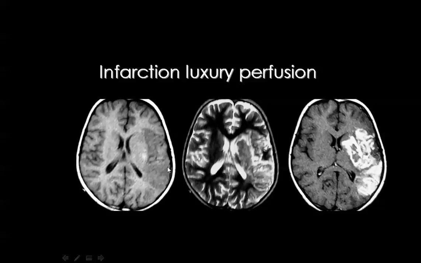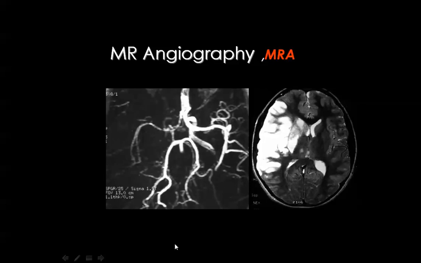In the T1 weighted image, you see an infarcted area of low signal, and in the T2 it's high signal apart from this area of dark signal, which represents hemorrhage. The dark signal in the T2 and the intermediate signal in the T1 represents acute blood, and this is the hemorrhagic infarction. After injection of contrast, you see this extensive enhancement, which is known as gyral pattern of enhancement, secondary to disturbance of the blood-brain barrier.